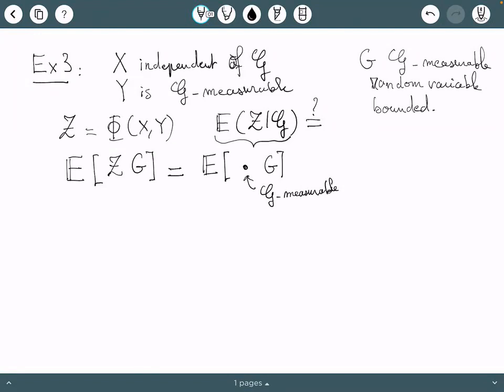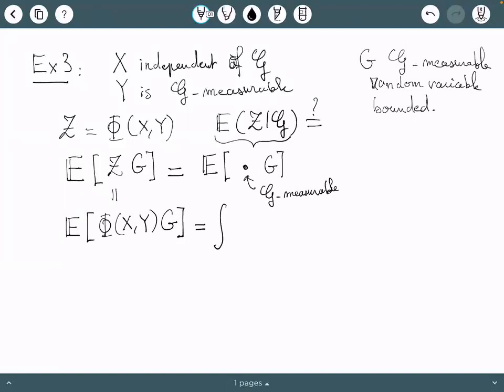So let us start. We have the expectation of phi of X, Y times G by definition. Okay, so it is the expectation of some function of 3 random variables X, Y, and G. So I can write it by using what is called the transfer formula.